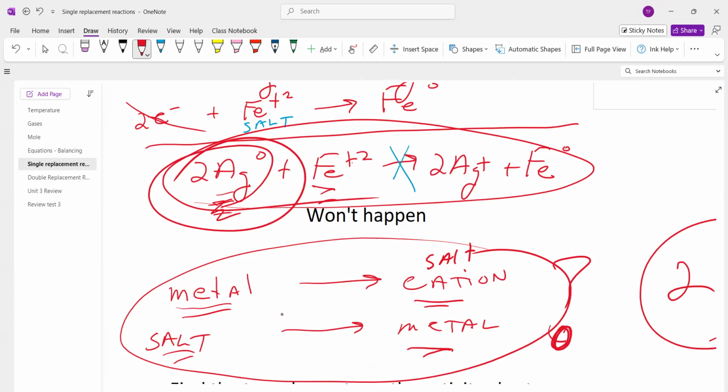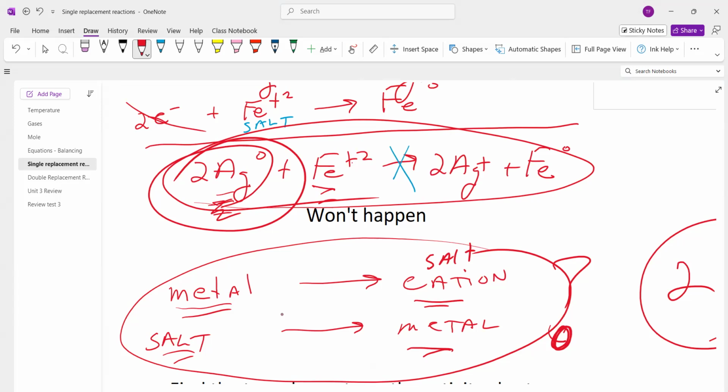Okay, so single replacement reactions involve a metal, except for H2, and a metal in its oxidized state, which is going to be the plus whatever. Exactly. So whatever you start with has to be higher.